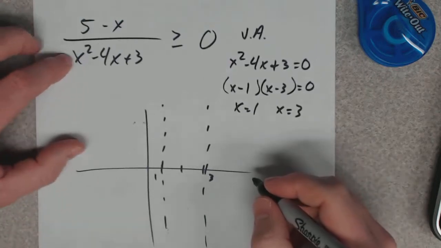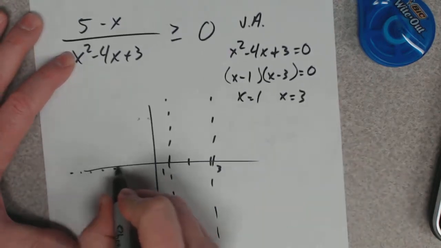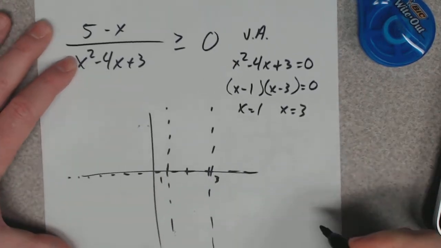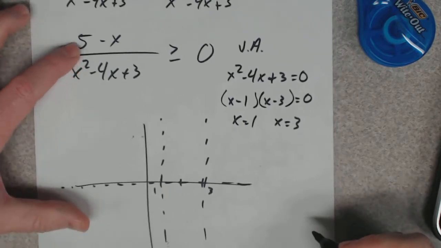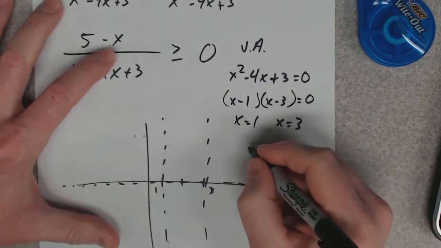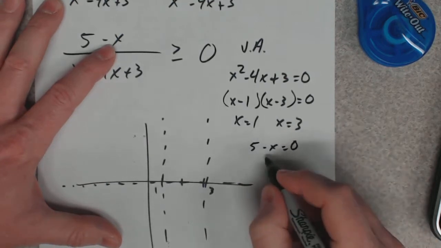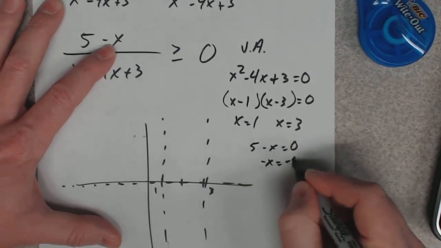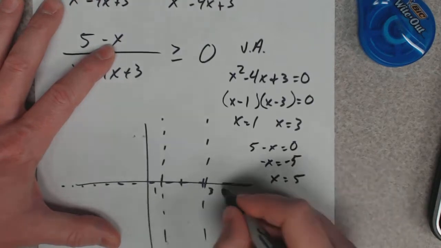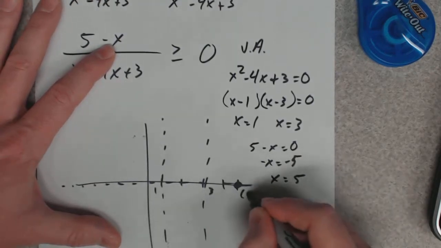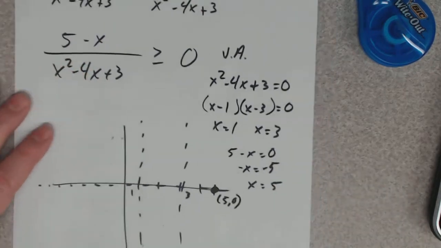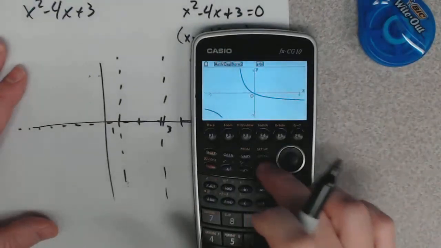Okay, horizontal: the degree is bigger on the bottom. Y equals 0. And your x-intercept is at 5. Right? 5 is what gives you a 0 on the top. If you don't see it, you say top equals 0. Okay, so now let's look at what the graph is.